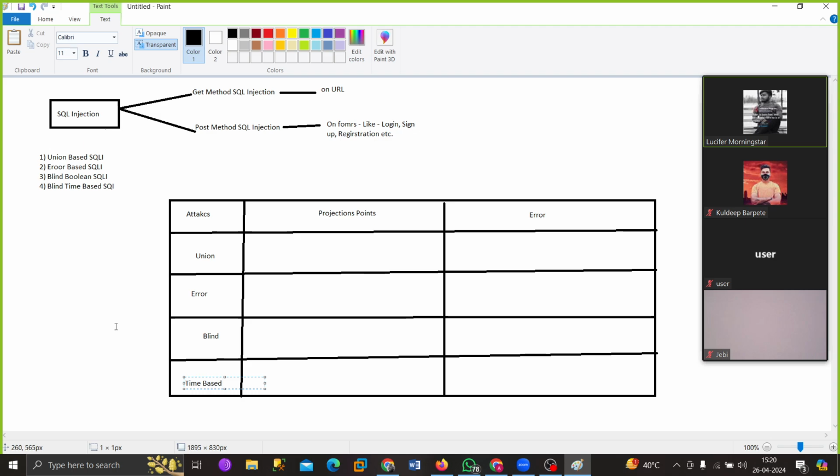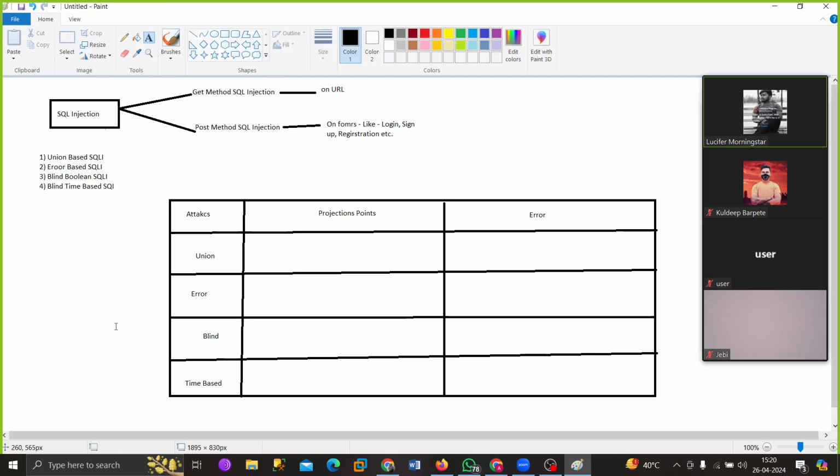Okay, guys, when we are going to perform an attack, the basic question someone may ask you is: why are you performing this attack on this website? Why are you performing union on this? Why error? Why blind? Why blind time based injection?